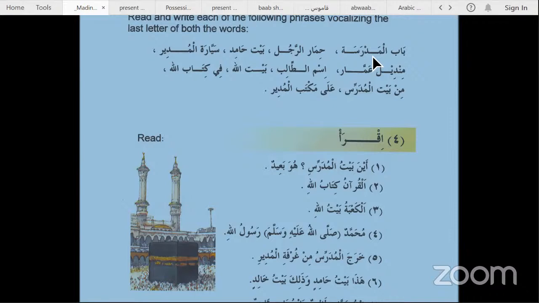Okay, Iqra. أين بيت المدرس؟ هو بعيد. القرآن كتاب الله. الكعبة بيت الله. محمد صلى الله عليه وسلم رسول الله. خرج المدرس من غرفة المدير. هذا بيت حامد وذلك بيت خالد.